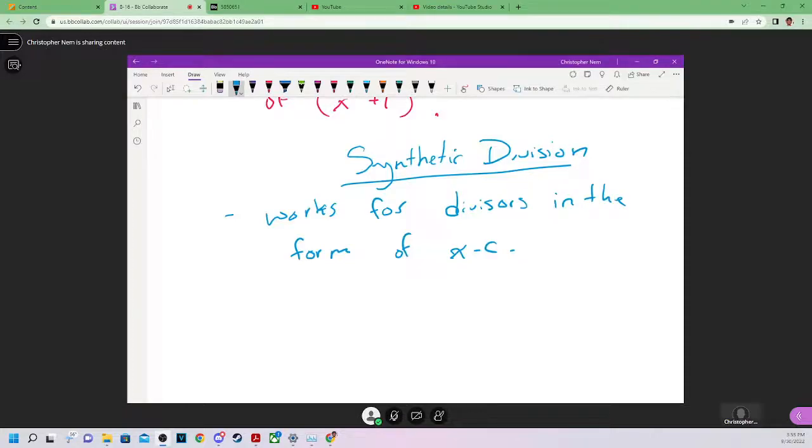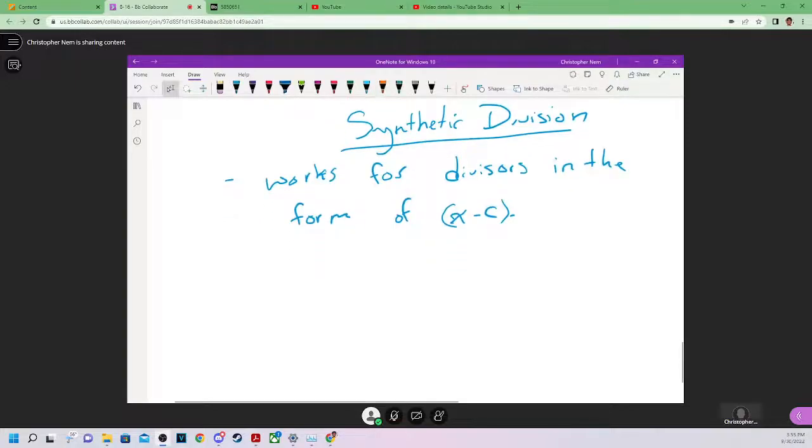So if your divisor is linear, if you're dividing only by x minus some constant, you can use synthetic division. If it's not, then I'd be very careful about trying to use synthetic division. There are still ways you can, but we're not going to talk about that because it gets very messy. I would suggest you just do long division if that was the case.